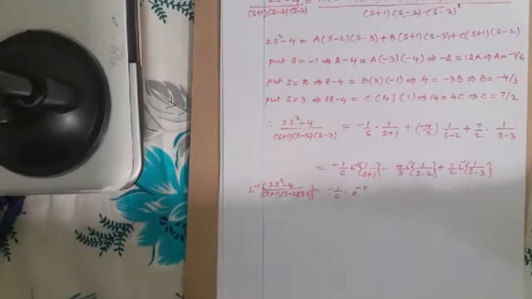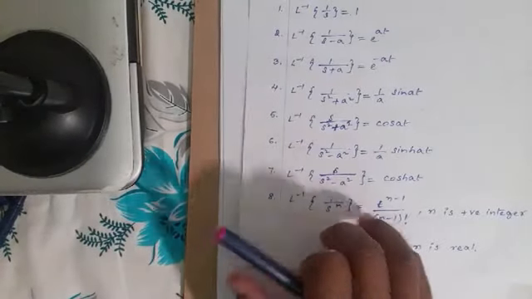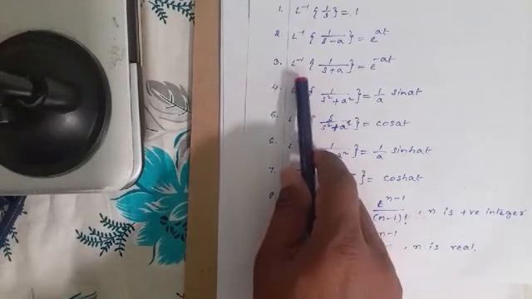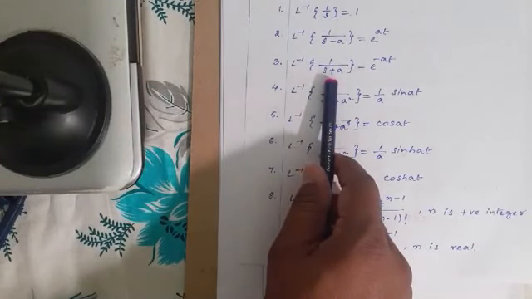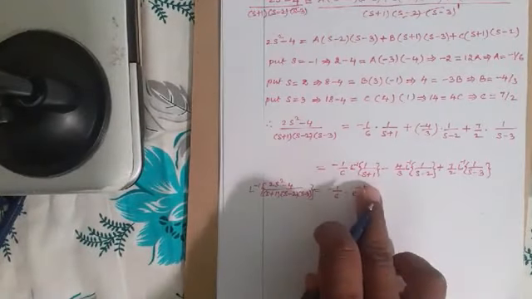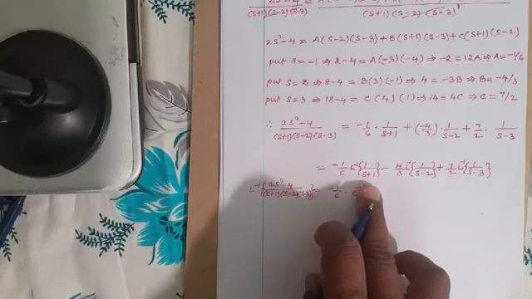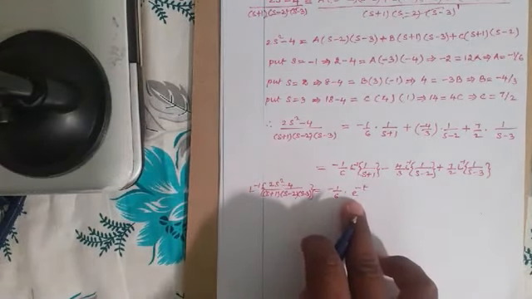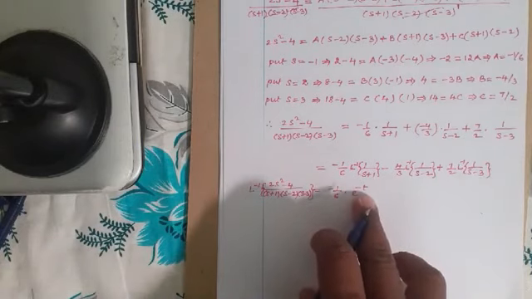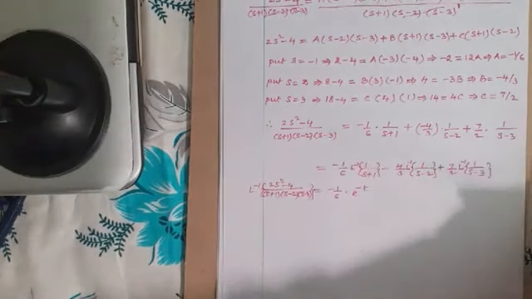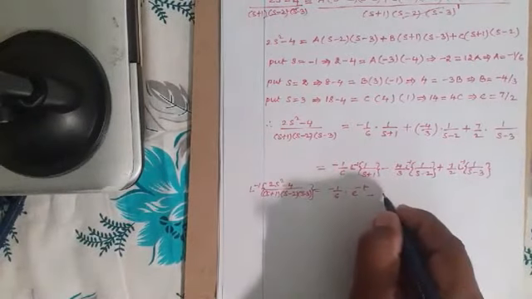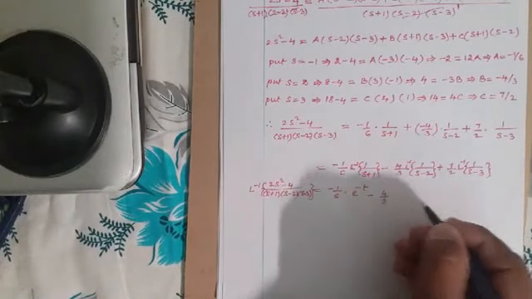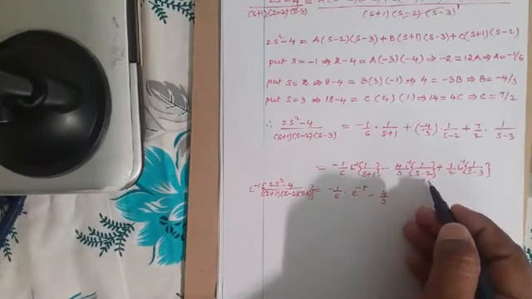Now you can see the formula, here we have L inverse 1 upon s plus a is equal to e power minus at. Now here we have L inverse 1 upon s plus 1. So here a is 1, so I can write minus 1 by 6 into e power minus t, because a is 1. Then afterwards minus 4 by 3 into L inverse of 1 upon s minus 2.